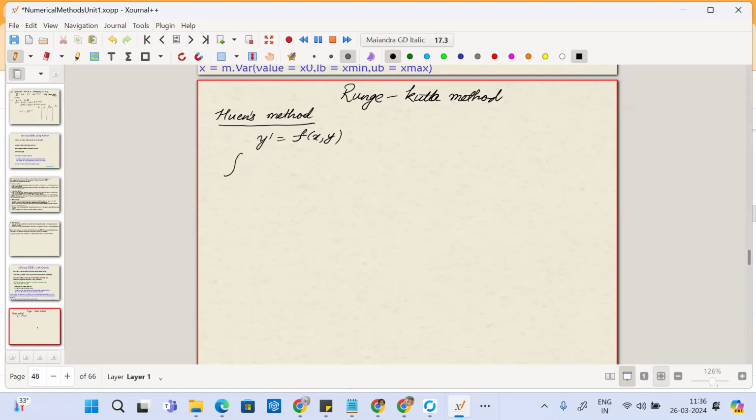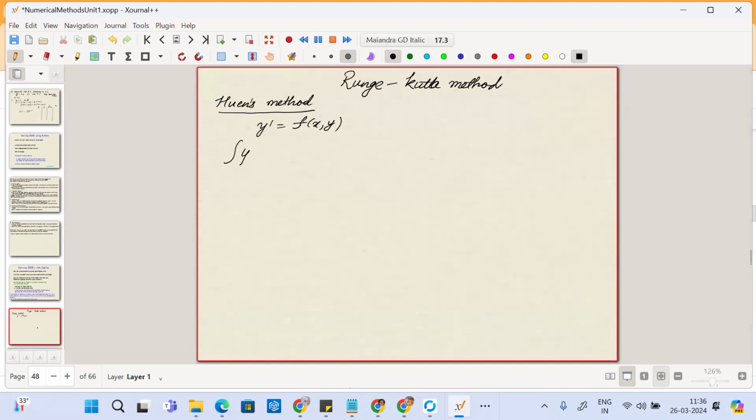In order to find y, we have to integrate both sides. So the integral of dy/dx dx, and I want to integrate it from xi to xi+1.